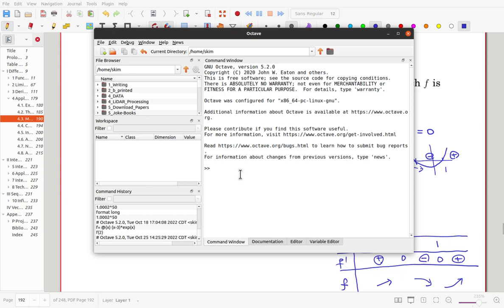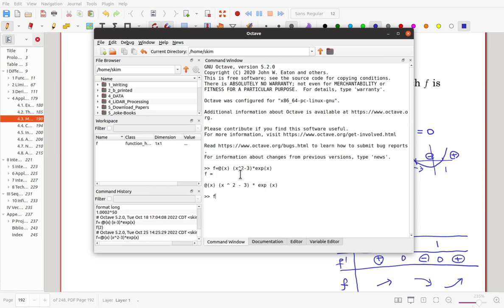Okay, let's try to implement the function. Okay, that is f is now a function of x, and that is here x squared minus 3 times the exponential function of x.